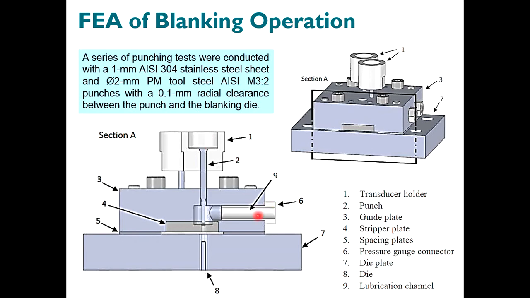You can see this is tool number 2, this is the tool, and the sheet is this. This is the sheet, and this is the die, and this number 4 here is the stripper plate.